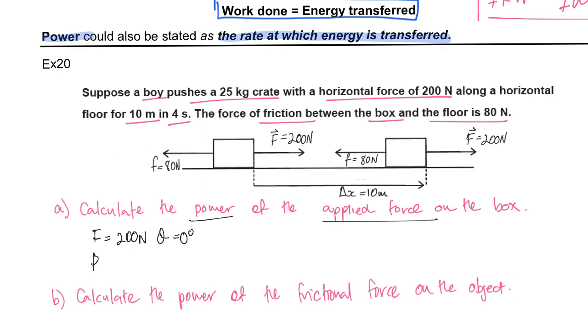And I need power. I need W. Now my work, they don't give me, so I've got to do that. I've got to do work done by my applied force, which is F delta X cos theta. And I need time, and this whole thing takes 4 seconds.